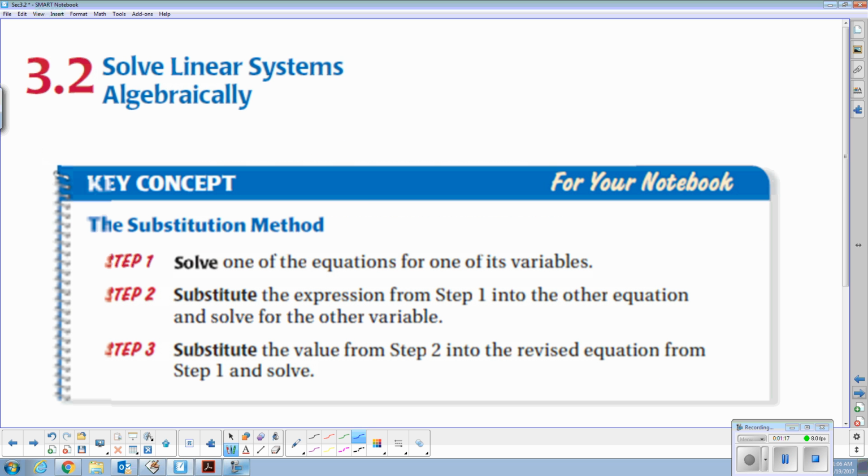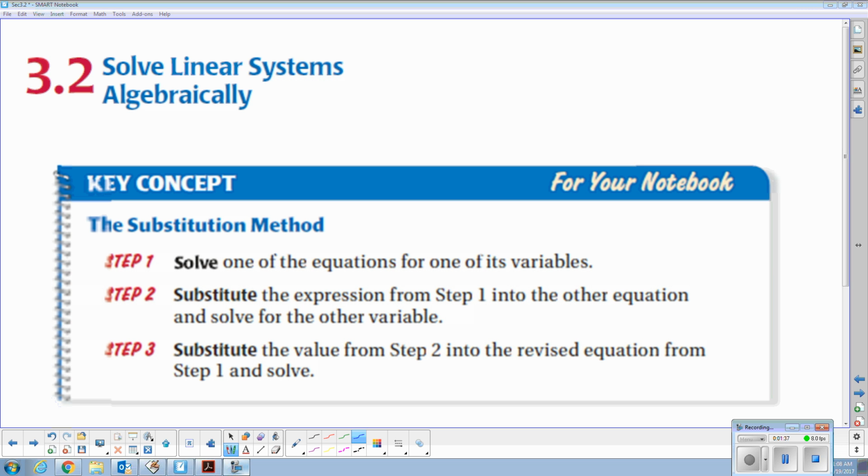So with the substitution method, the first step is you're going to solve for one of the variables. You either isolate the y variable in one of the equations that you're given, or you isolate the x variable in one of the equations.